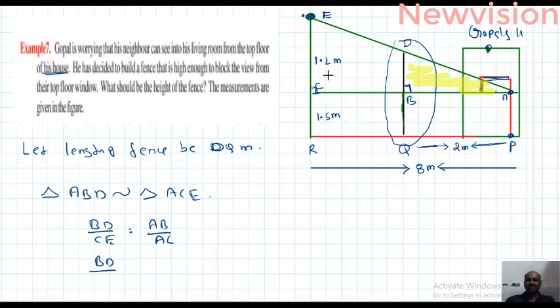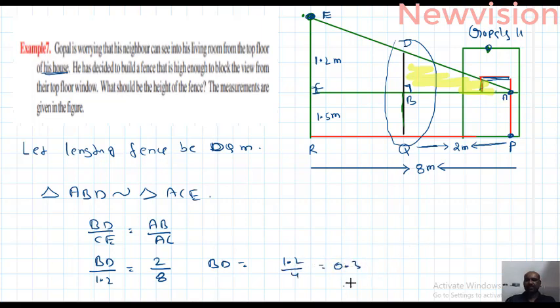Now just substitute. BD I want as it is. CE is 1.2. AB means 2 units. AC total is 8, clearly given in the problem. So BD by 1.2 equals 2 by 8, that is 1 by 4. BD equals 1.2 by 4, that is equal to 0.3.